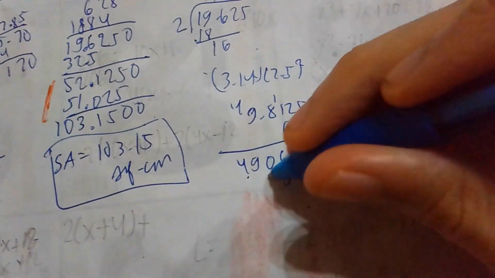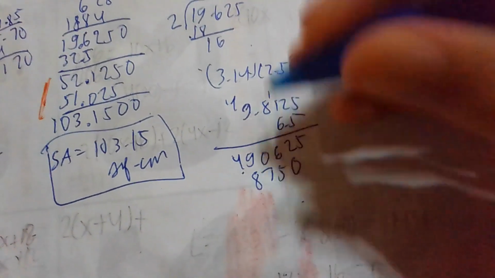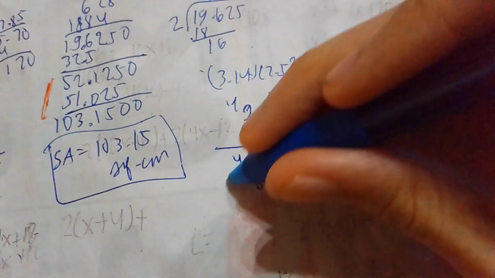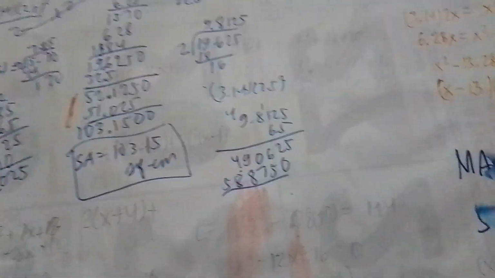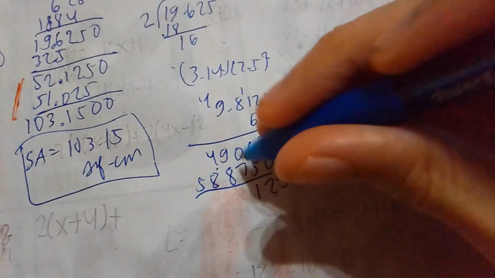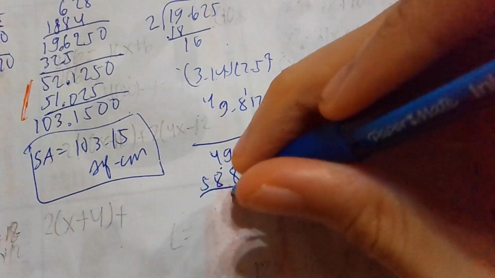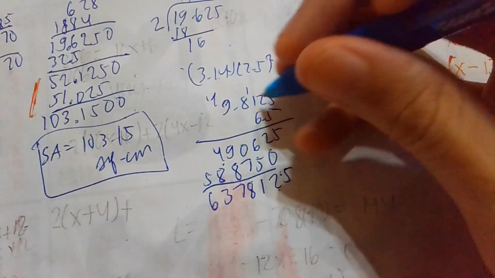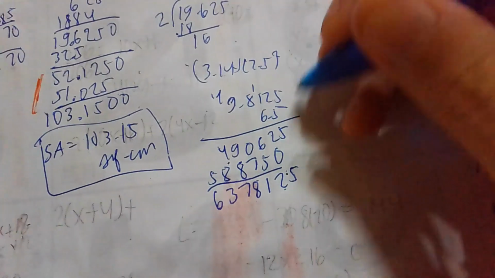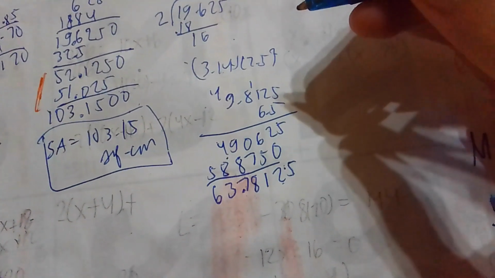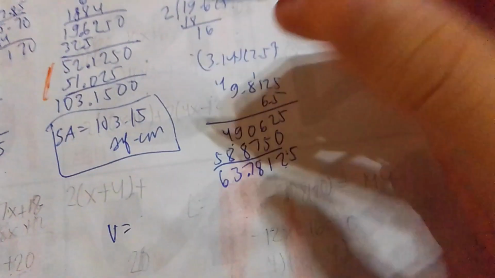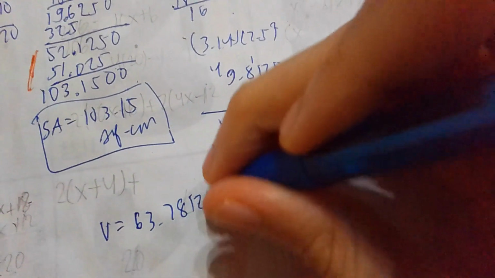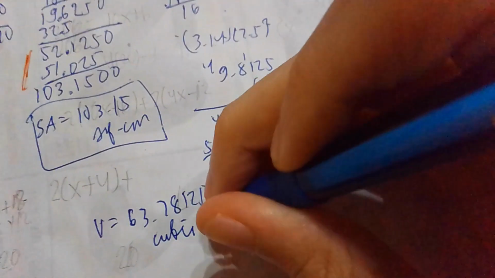Now we add this up all together. Then where's the decimal point? 1, 2, 3, 4, 5. So our volume is 63.78125 cubic centimeters. That's it.